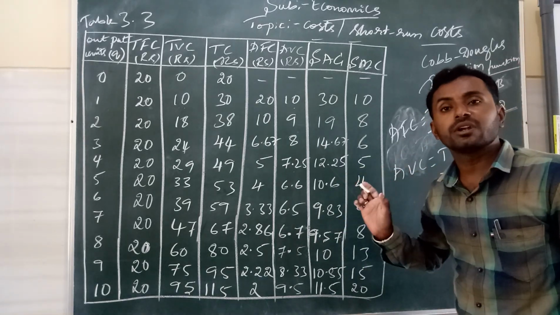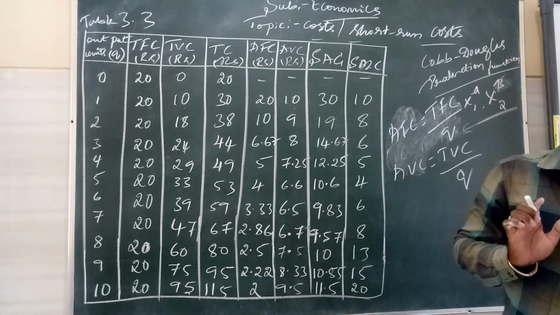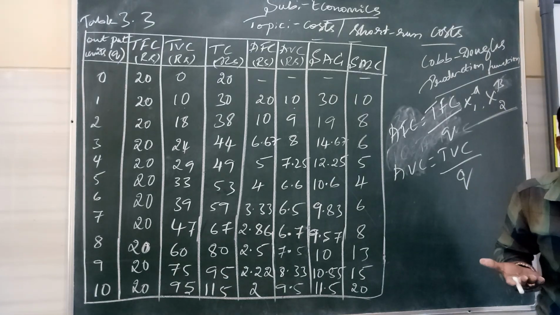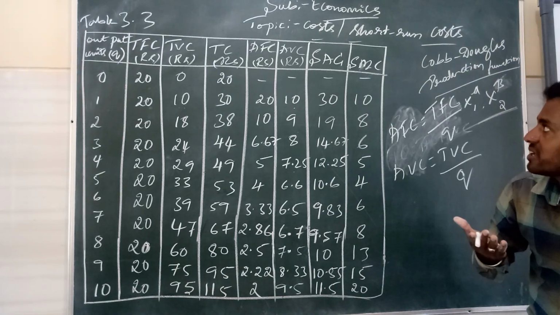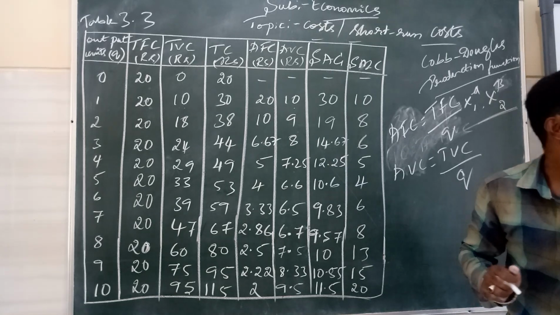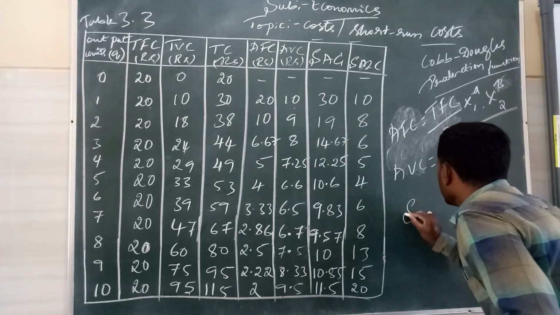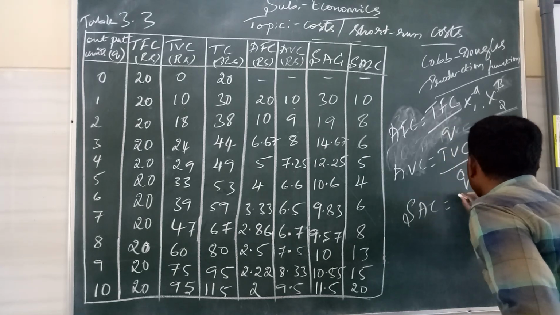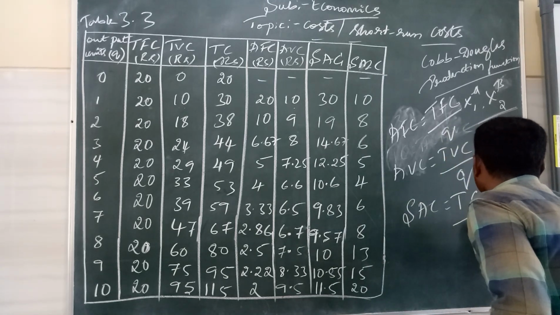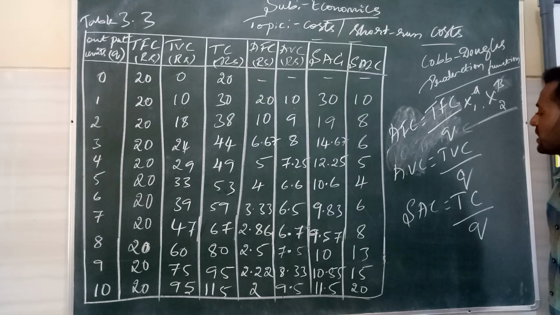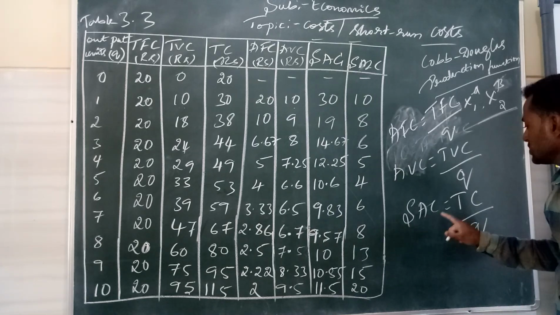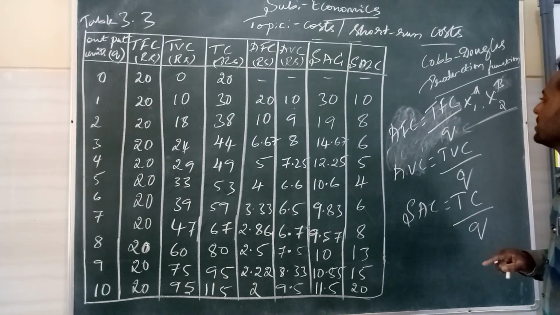How can we calculate it? SAC is equal to TC divided by Q.